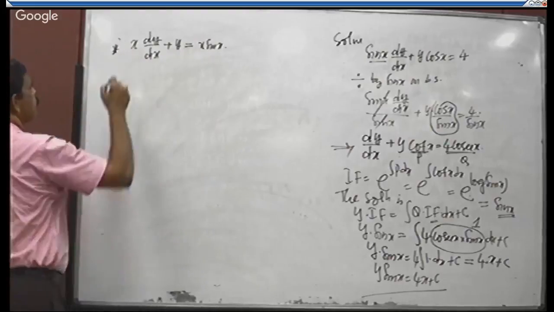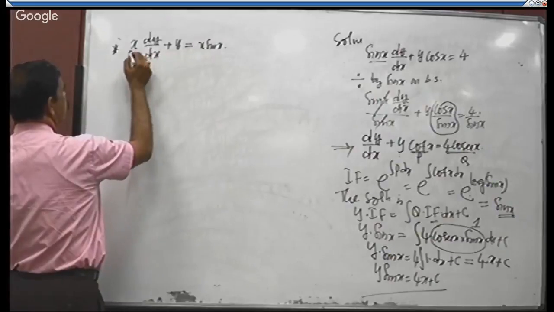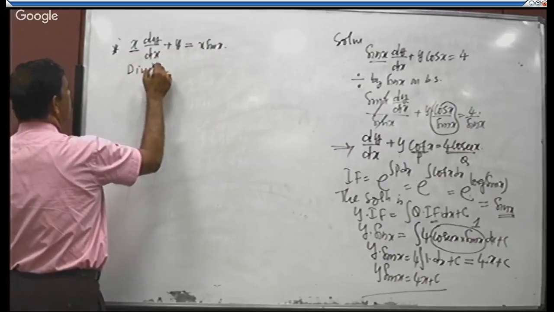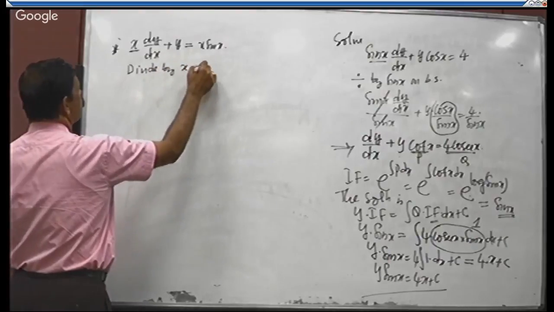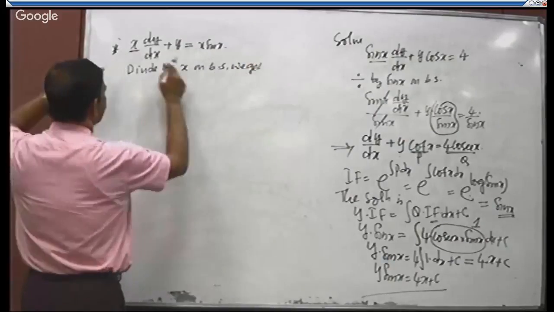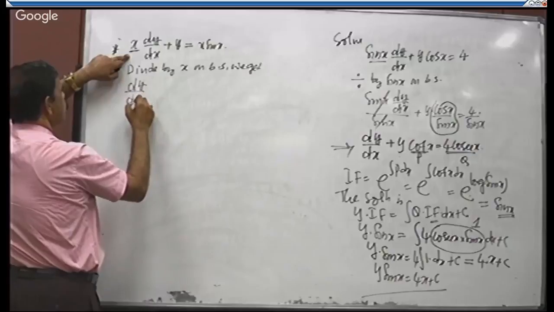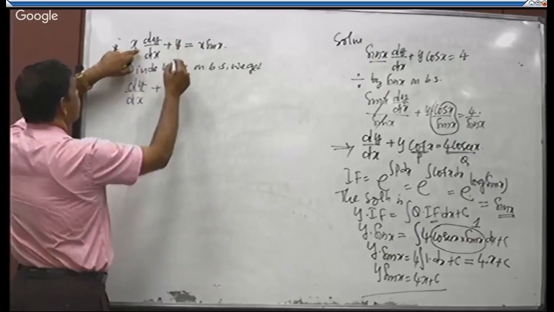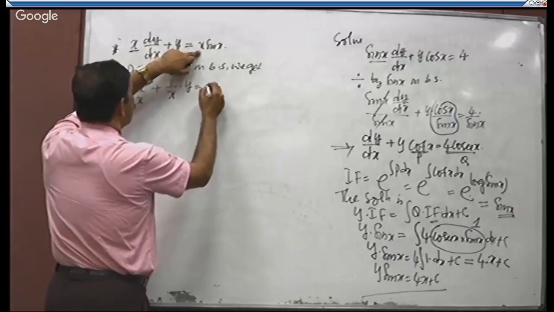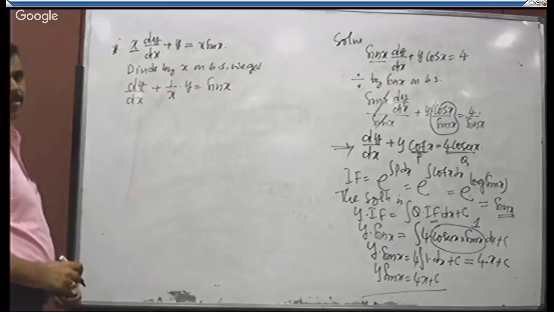Take this as the differential equation here. So along with dy by dx, there is an x term. You first remove it. What? Divide by x on both sides. We get, dividing this with x, you will be getting dy by dx plus, dividing this term, you will get 1 by x into y is equal to, dividing this, you will get only sin x.